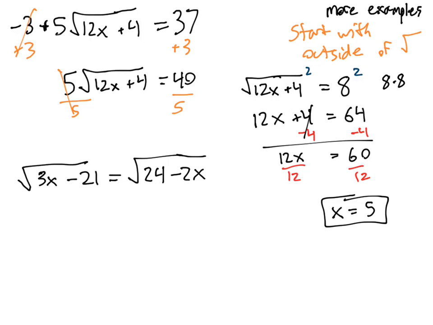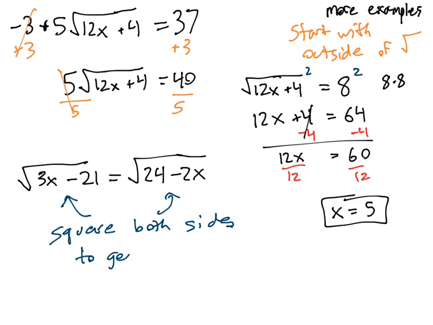In this final example, it looks a little bit different because now we have radicals on both sides of our equation, but that's all right because if we square both sides of the equal sign, that will get rid of both of those radicals.